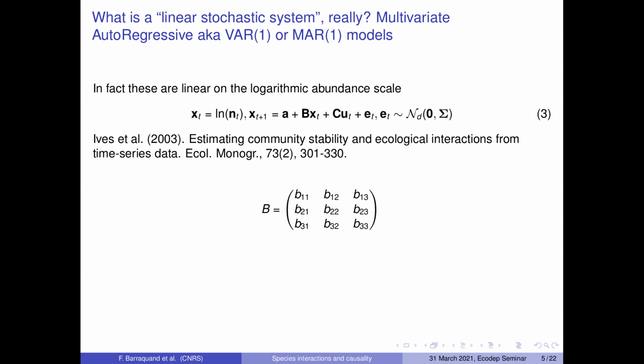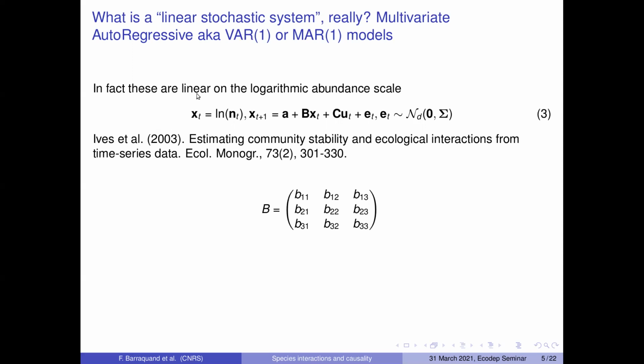By linear stochastic system, they meant the classical models that Granger was using and that many people have used in econometrics after that. And these are multivariate autoregressive models, or as we say in econometrics, vector autoregressive models. For some reason in ecology, people use the term multivariate autoregressive model. I don't know exactly why, but I mean the exact same thing.